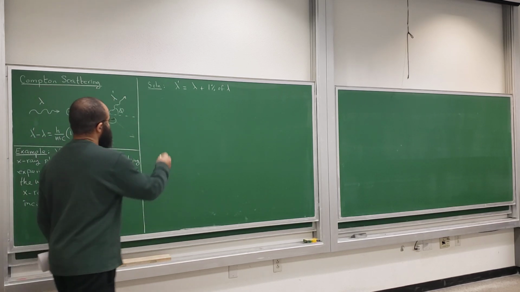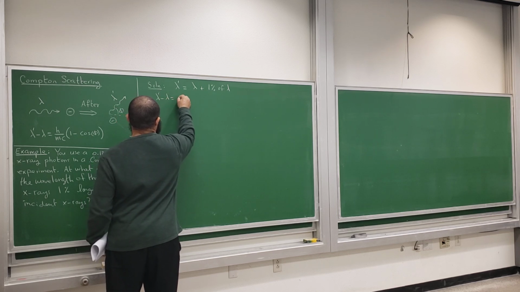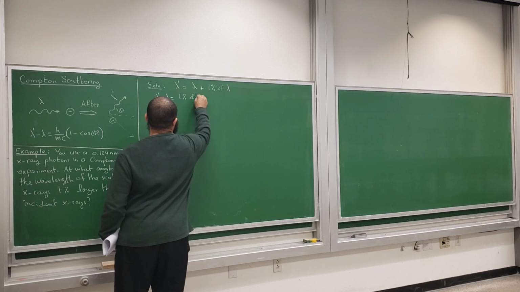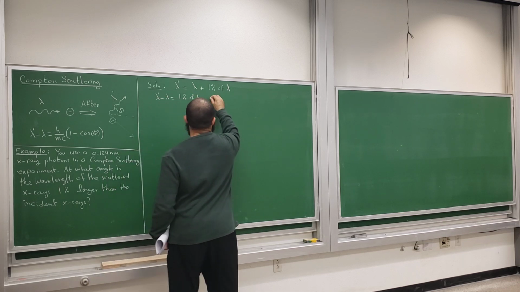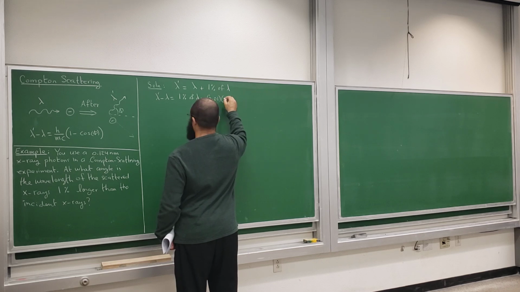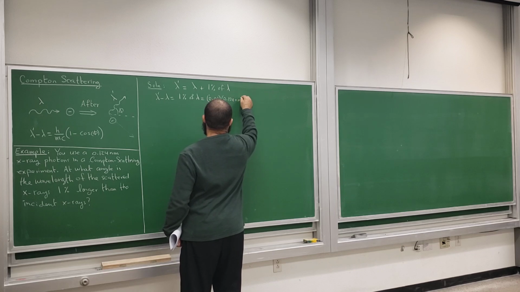So that means lambda prime minus lambda is 1% of lambda, which is 0.01 times the original wavelength, which is 0.124 nanometers.